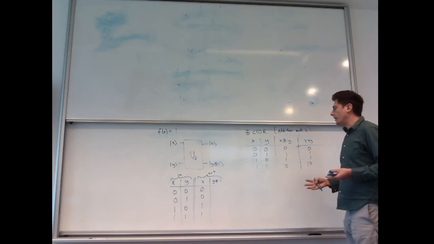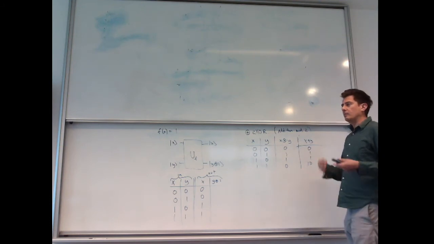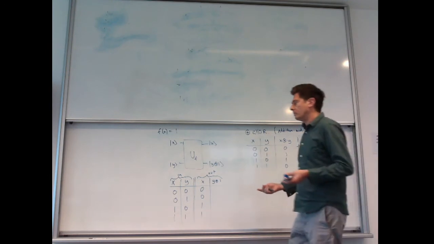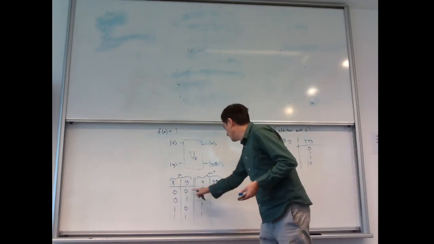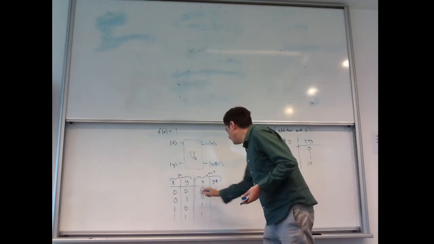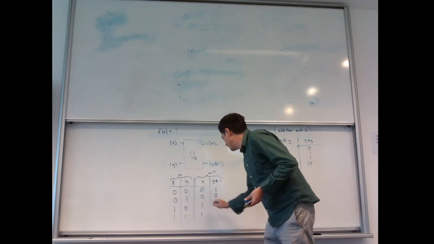So y add 1 modulo 2 means just to flip y, because adding 1 in binary always just flips the digit, right? So here we just have to reverse what y is.